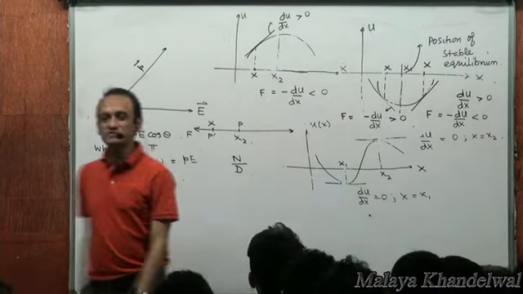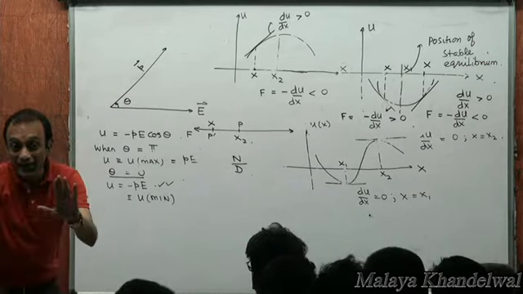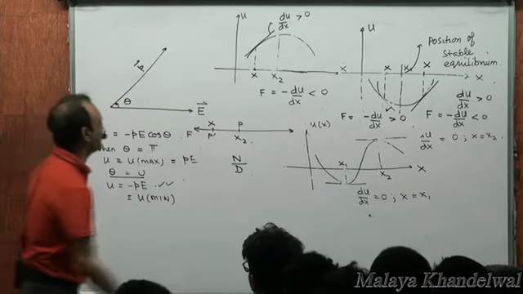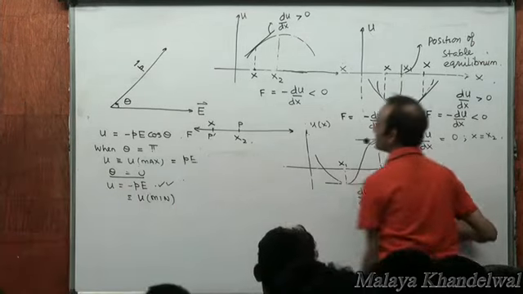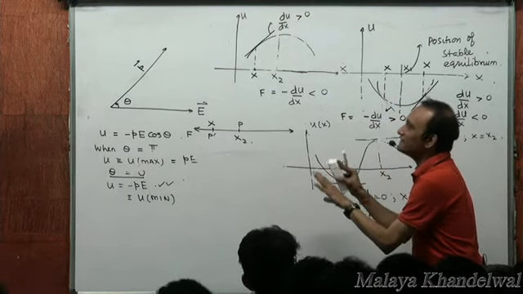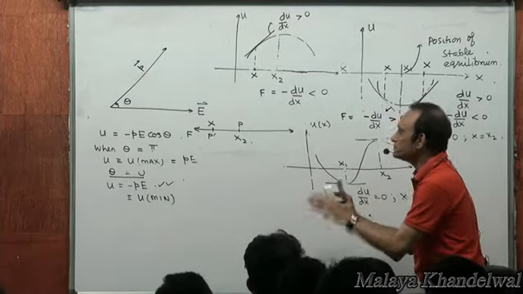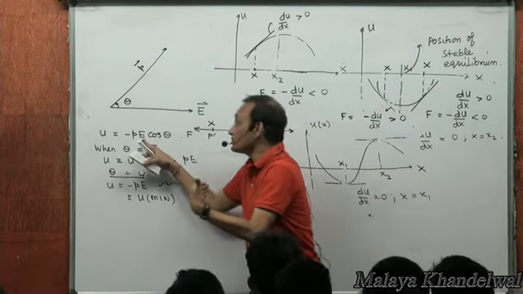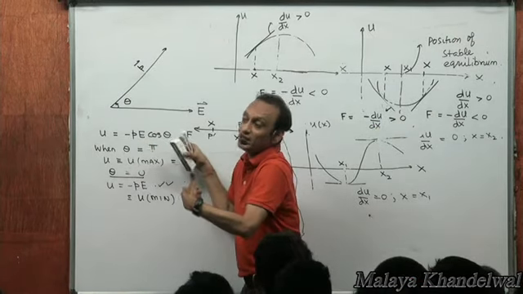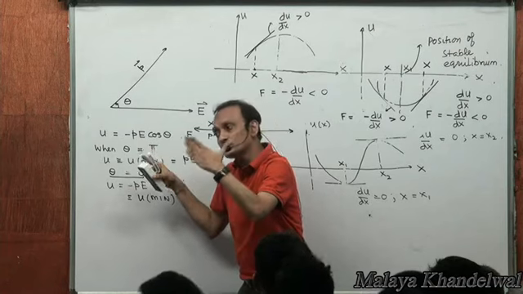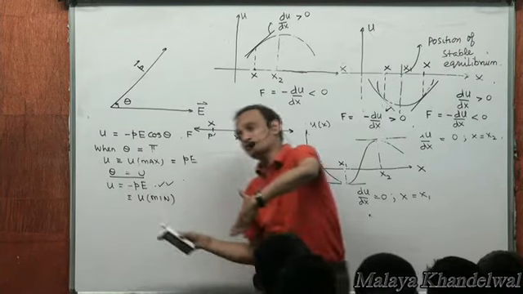Okay, let's proceed. So far so good, right? You understand all that I'm saying. So, the potential energy of a dipole when exposed to a uniform electric field is minus PE cos theta. Theta is the angle between the dipole moment vector and the electric field vector, right?